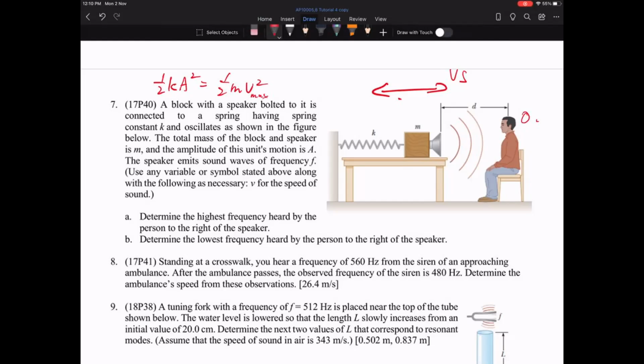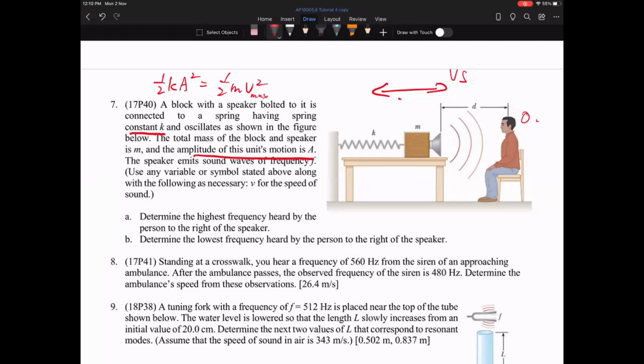The value of k corresponds to the spring constant. A corresponds to the amplitude of the motion. Mass m is the mass of the loudspeaker because it is a simple harmonic motion. So in this way, you know what is Vmax.